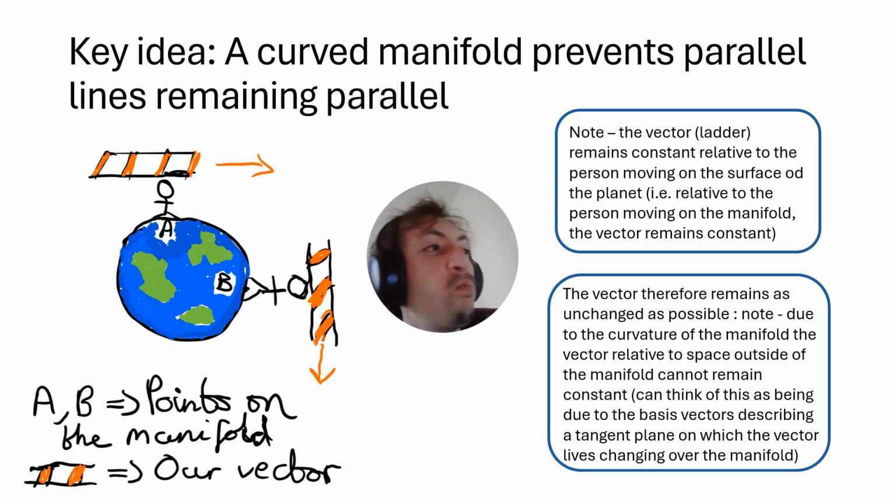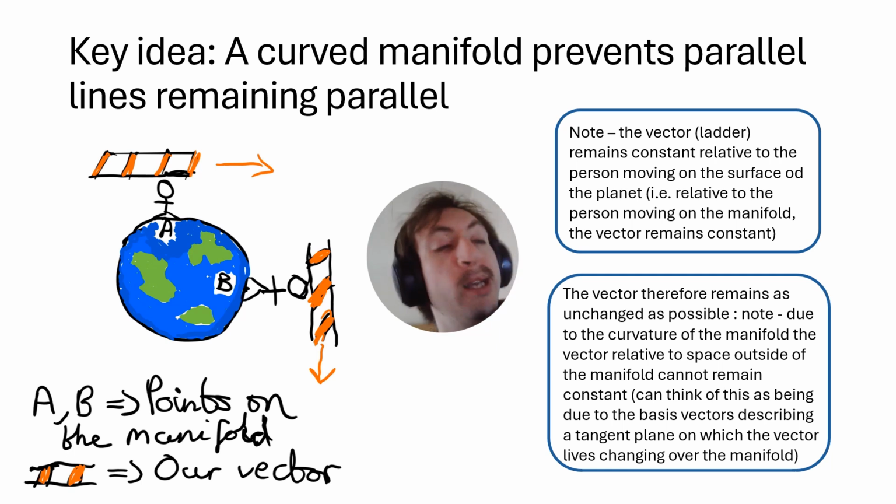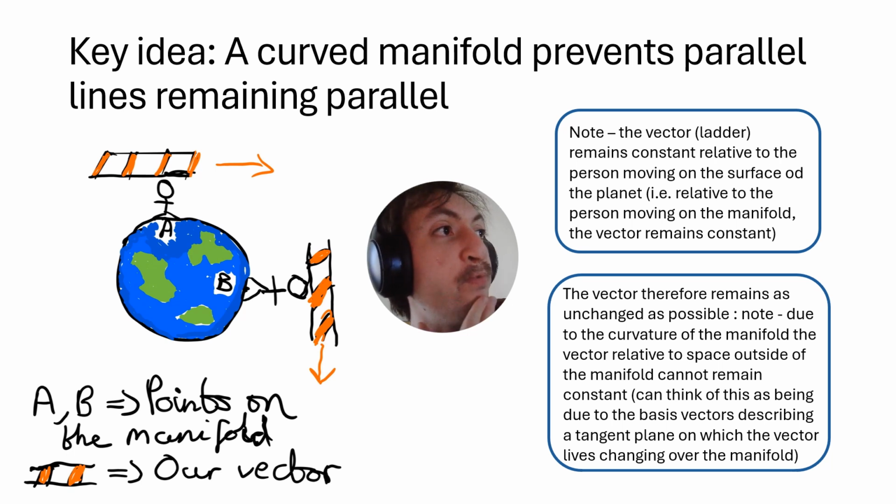And that's one way where curvature is different from flat space. So in curved space, if you move a vector across the surface, if the vector is going to remain parallel with the surface, so remain on a tangent plane with the surface, then the direction of the vector has to change due to the surface being curved.